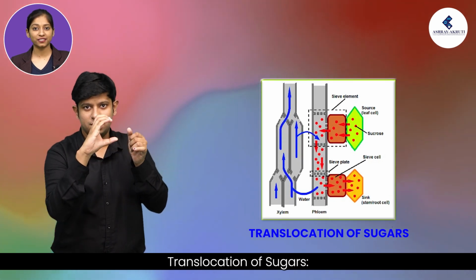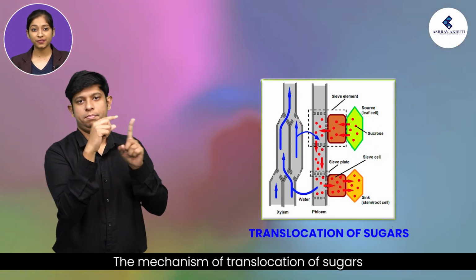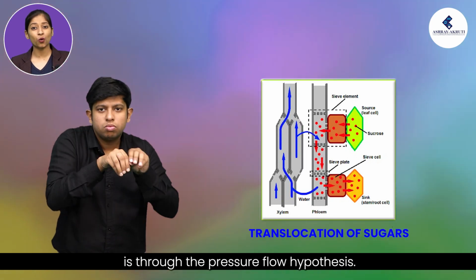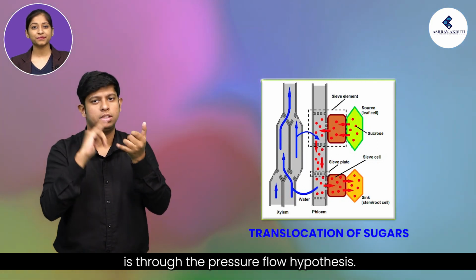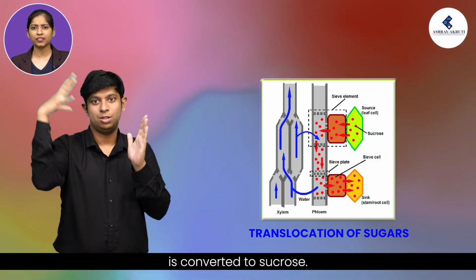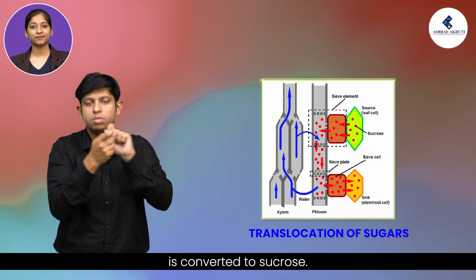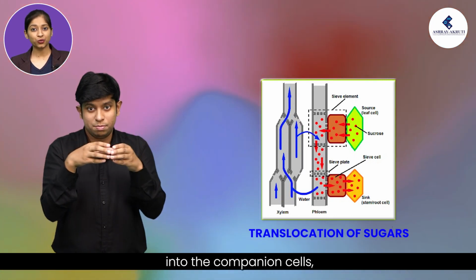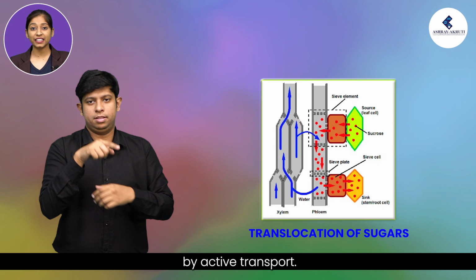Translocation of sugars. The mechanism of translocation of sugars by phloem from source to sink is through the pressure flow hypothesis. Glucose prepared by photosynthesis is converted to sucrose. Sucrose moves into the companion cells, then into sieve tube cells by active transport.